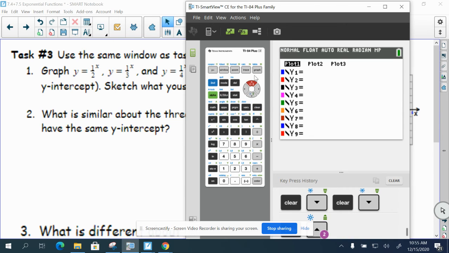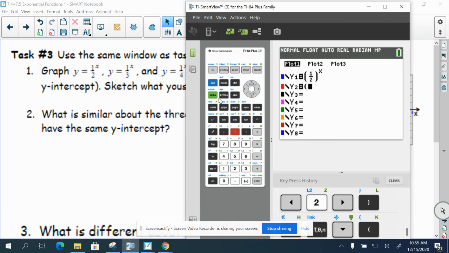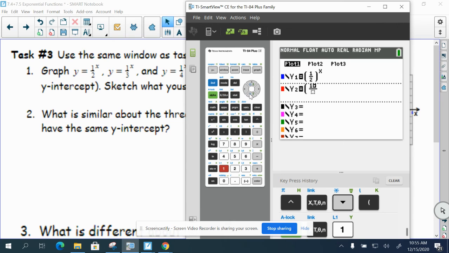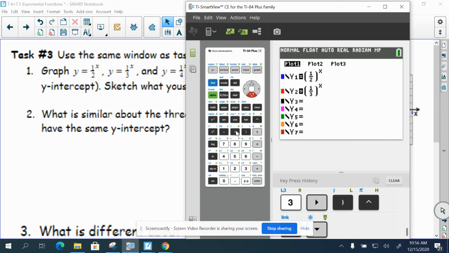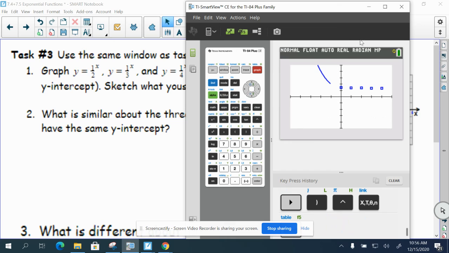We're going to type in 1/2 to the x, 1/3 to the x, and 1/4 to the x. I'm going to click graph.